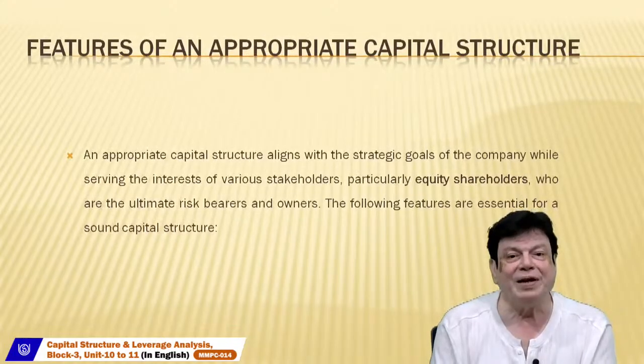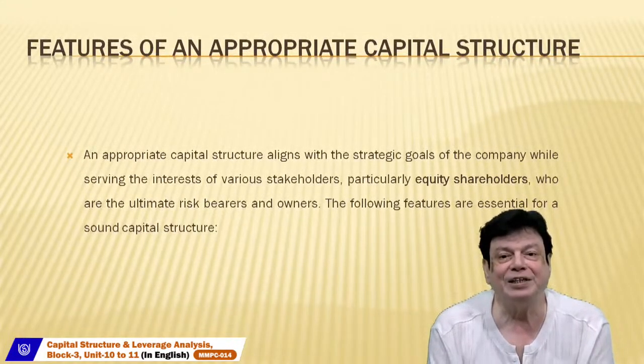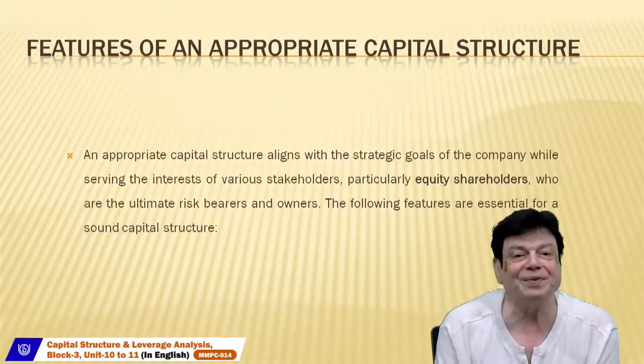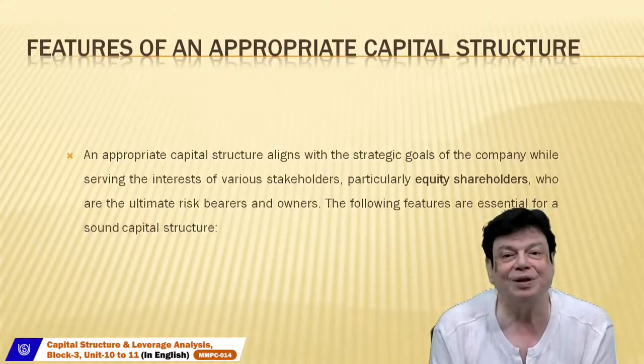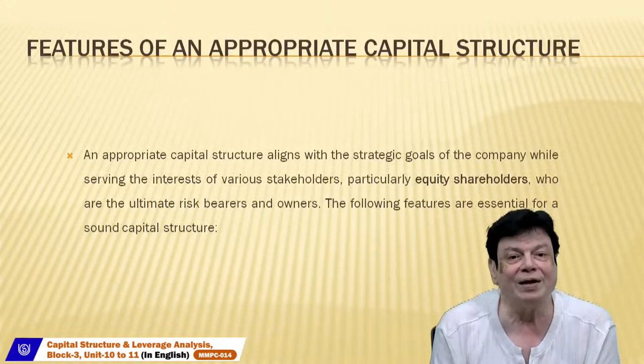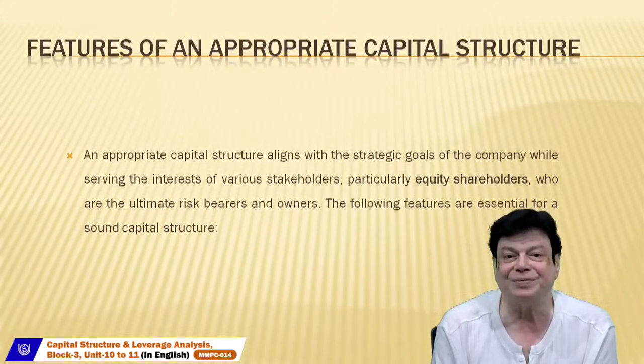An appropriate capital structure aligns with the strategic goals of the company while serving the interest of various stakeholders, particularly equity shareholders, who are the ultimate risk bearers and owners.